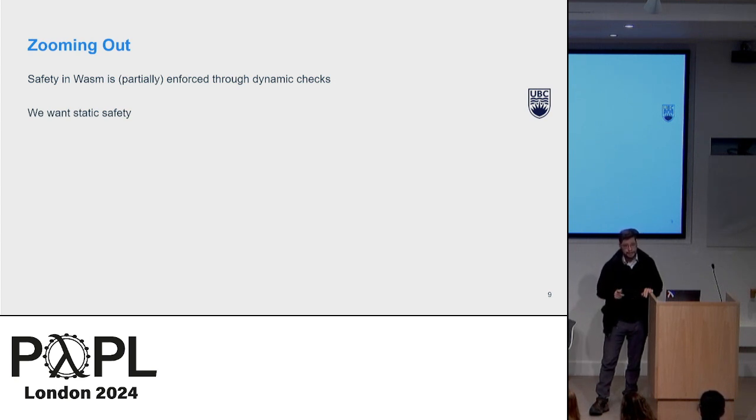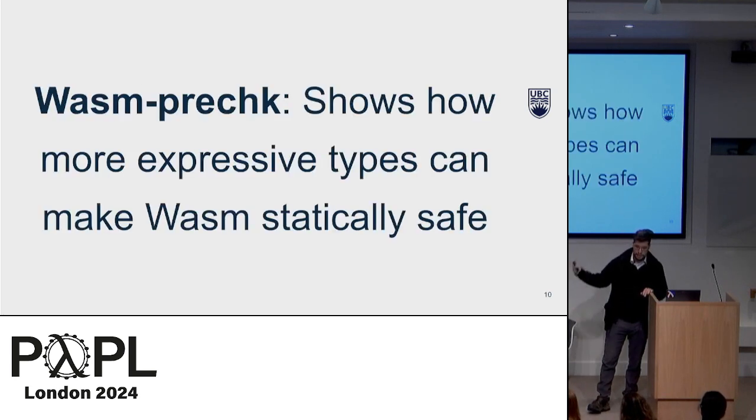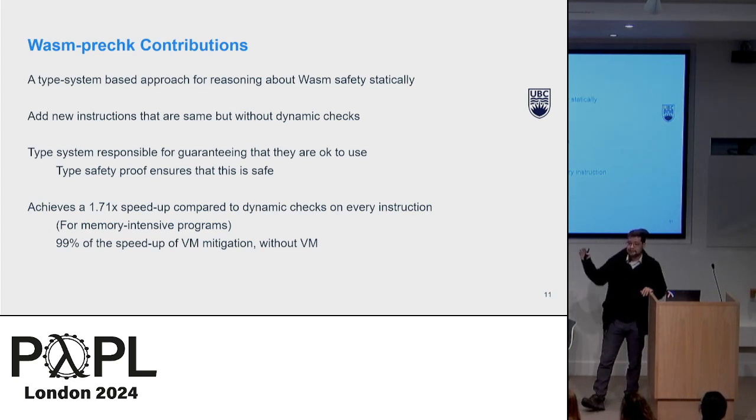Now, a typical way to achieve static safety is a type system. So that's what we're going to introduce today. We're going to introduce Wasm-prechk, which shows how more expressive types can make Wasm statically safe. In a little bit more detail, this is a type system-based approach to reasoning about Wasm safety statically.